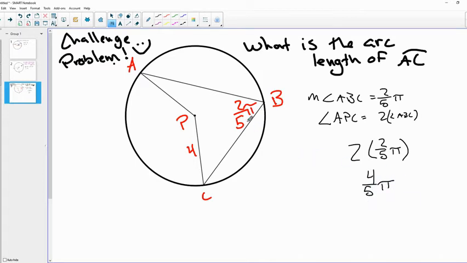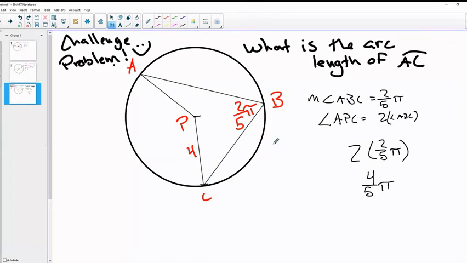A lot of people would think, hey, we're done, that is the total length of the arc AC. But that would be the case if our diameter was equal to 1, and that is not the case. Our diameter is equal to 4.